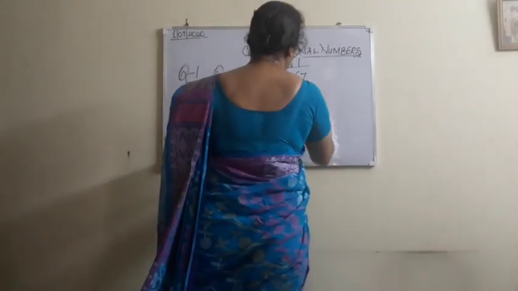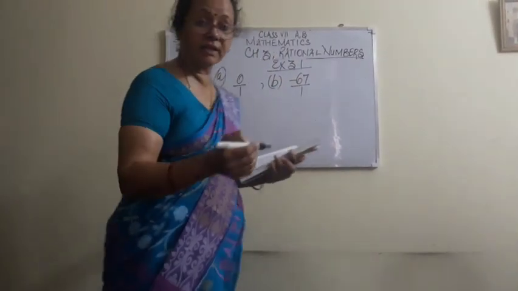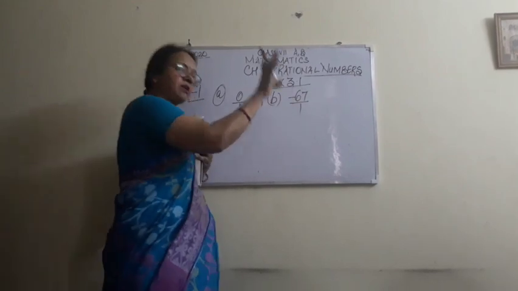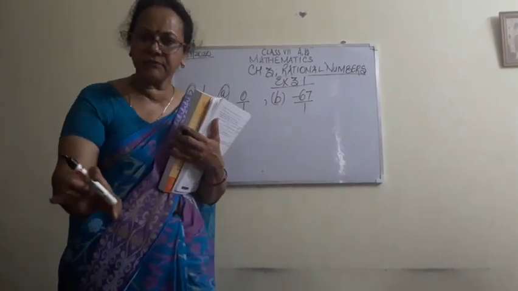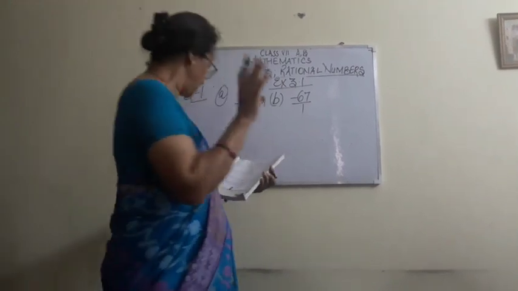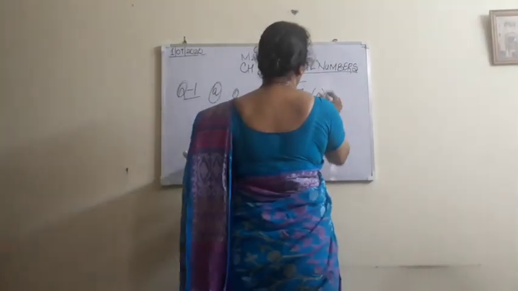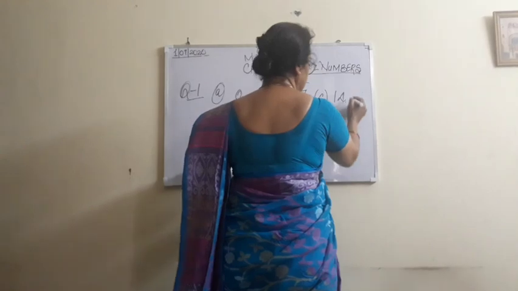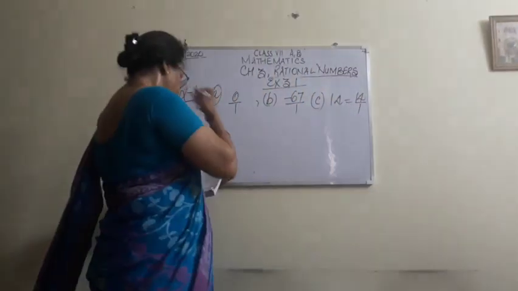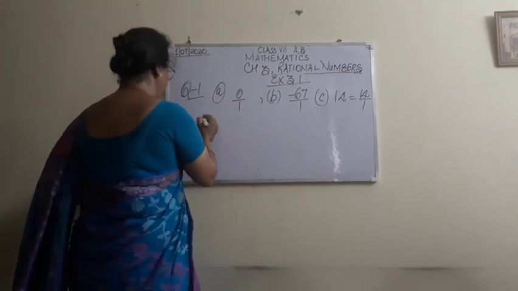Minus 67 by 1. I told you in the live class what it will be if the number is written in single form, meaning in numerator form. If the denominator is not written, it means upon 1. Okay, the denominator will be equal to 1. 14 means 14 by 1. So this is the rational number form.